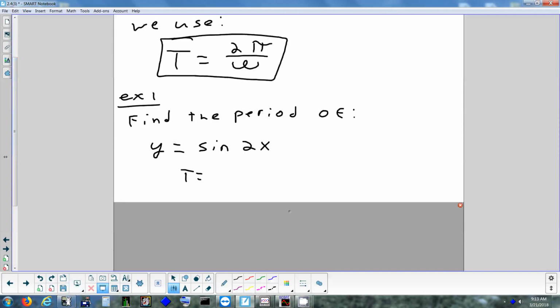The formula for the period is 2 pi divided by, and this symbol just means the number that's in front of x. So what number is in front of x here? 2. 2 pi divided by 2. The period of sine 2x is pi. Is that bigger than the original period or smaller?